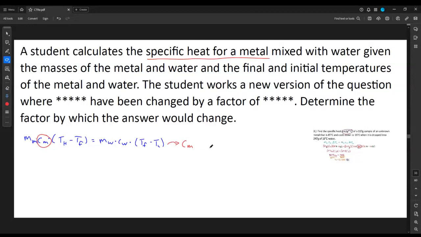And so I'm going to end up with the specific heat of the metal equal to the mass of the water, make that a subscript like it's supposed to be, mass of the water times the specific heat of the water times the change in temperature of the water. But again, because that went up, we specifically subtracted final temperature minus low temperature. Okay, and then that gets divided by the stuff from here that needs to be brought over. The mass of the metal times the change in temperature of the metal, which to preserve the sign needs to be the high temperature minus the final temperature.